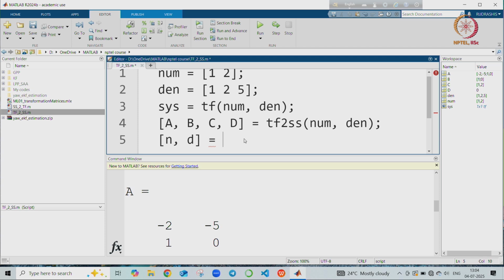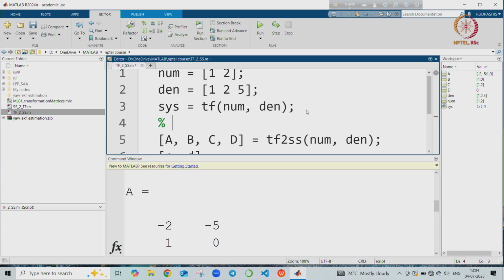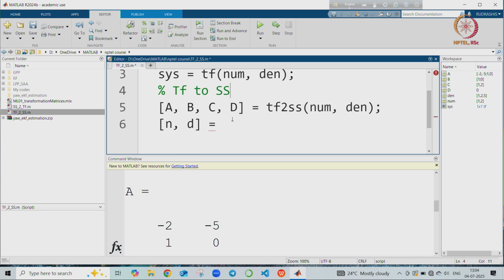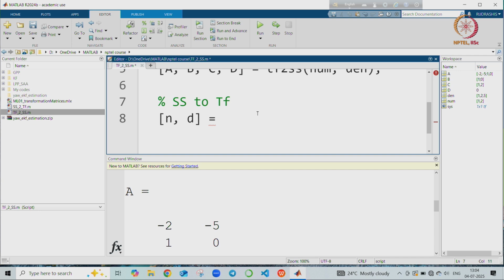Now, when we are converting the system from transfer function to state space, we have to do tf2ss. When we do it from the other side, that means when we have state space and convert it to transfer function, the command will be ss2tf. What are we going to write here?